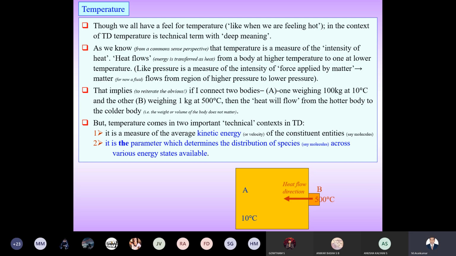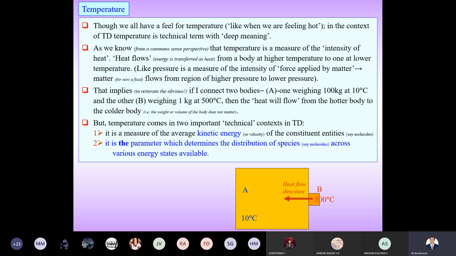The weight or volume of the body does not matter, right? For a thermodynamic process, we need not bother about the weight and volume of the body. It will flow from the hotter object, which has a high temperature, to the cold object at low temperature, right?